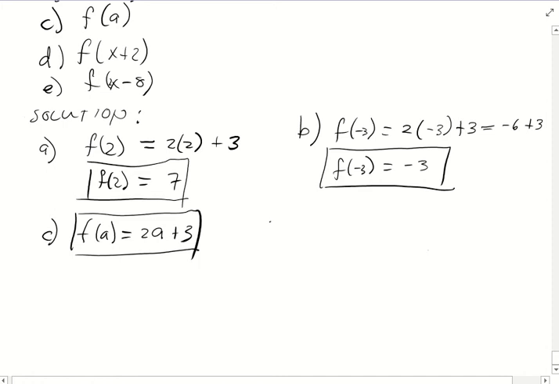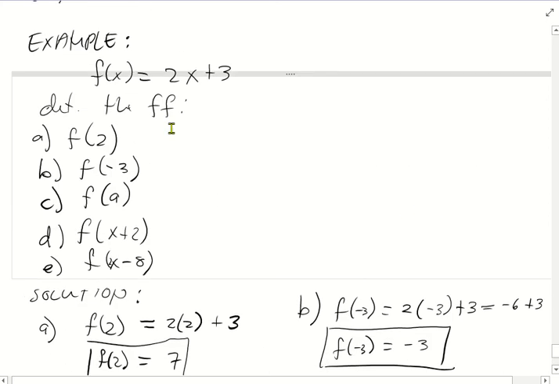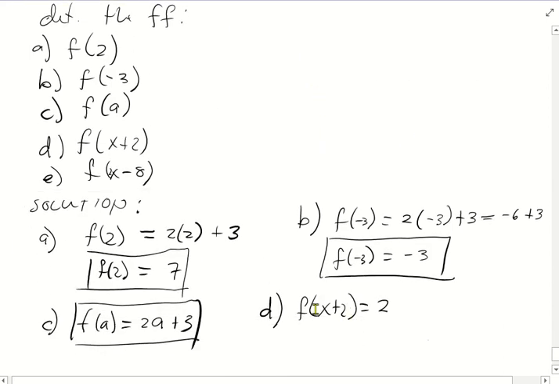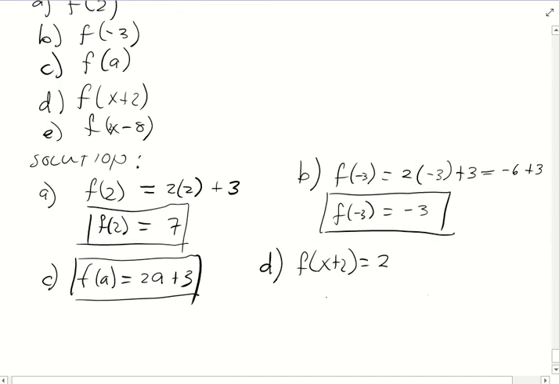For letter D, f of x plus 2. So again, we change the x. So 2 times, but instead of x, we change it with whatever is inside the quantity, and that is x plus 2.